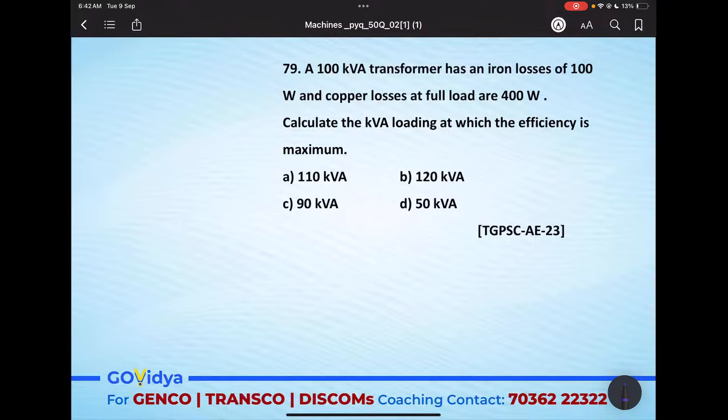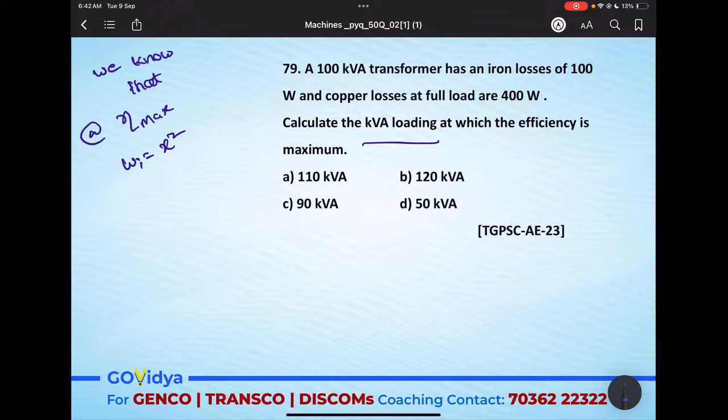The next question is about a 100 kVA transformer that has an iron loss of 100 watt and copper loss at full load of 400 watt. Calculate the kVA loading at which efficiency is maximum. We know that at maximum efficiency, iron losses are equal to copper losses.